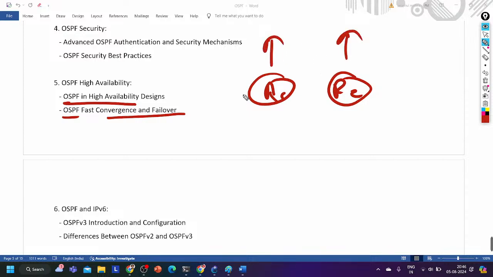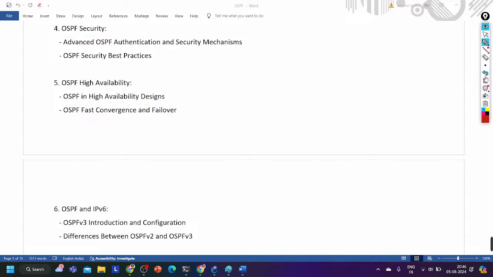Or I want to configure a primary and secondary scenario, an active and passive scenario, you can say. That is failover. If my primary link is down, then it should automatically fail over, and the traffic should shift to the secondary link.